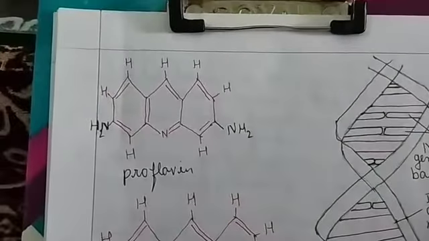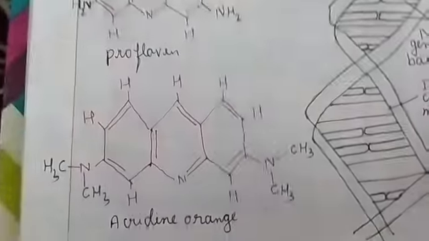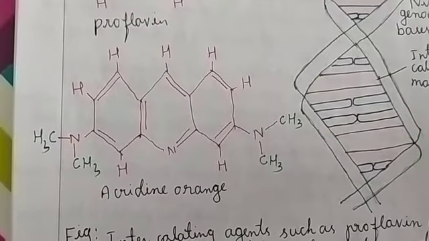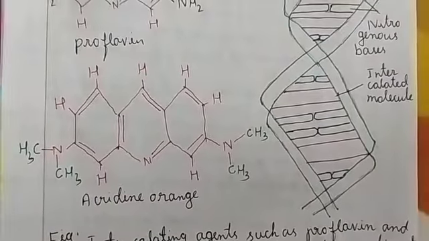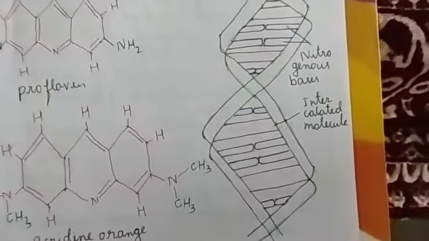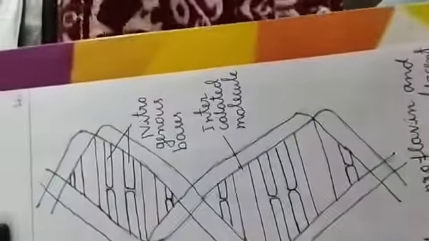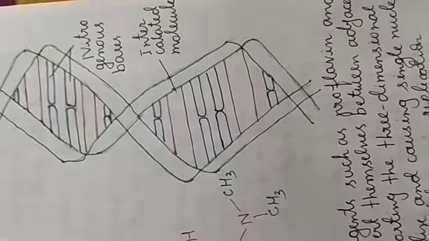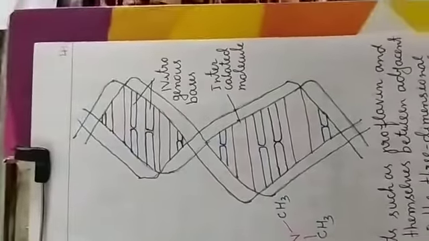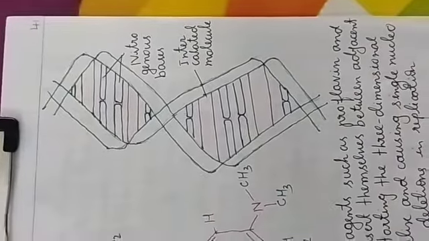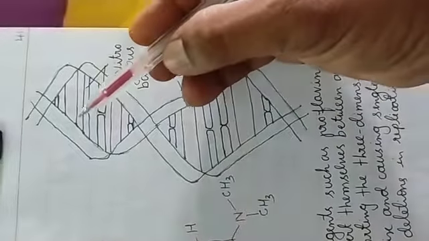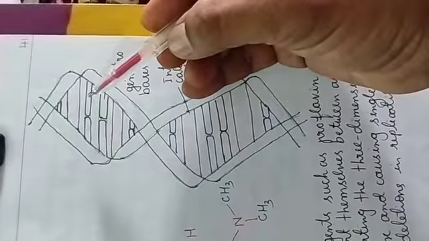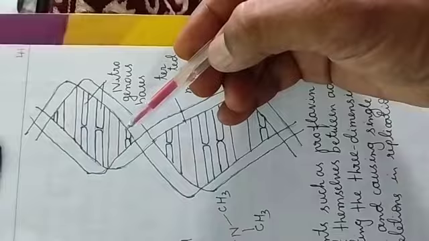See here the structure of proflavin, and this is the structure of acridine orange, and how they intercalate in the DNA. You can see in the diagram these are the normal adjacent nitrogenous bases, and this one is the intercalating molecule.